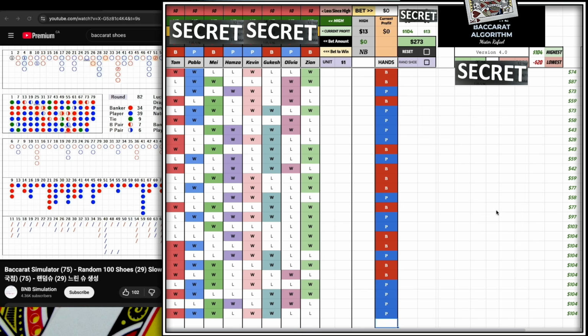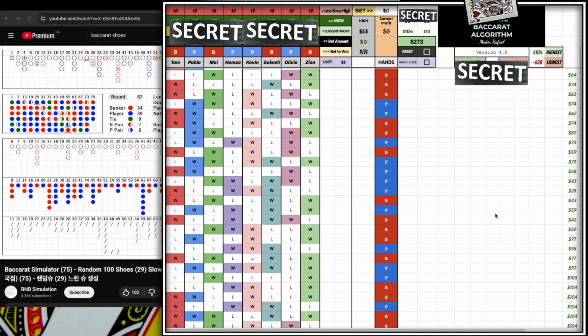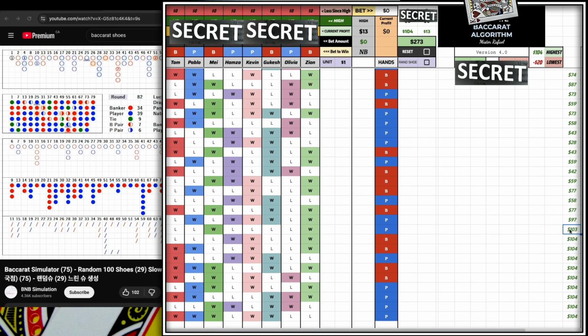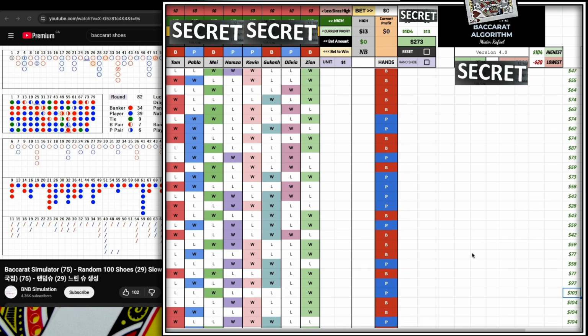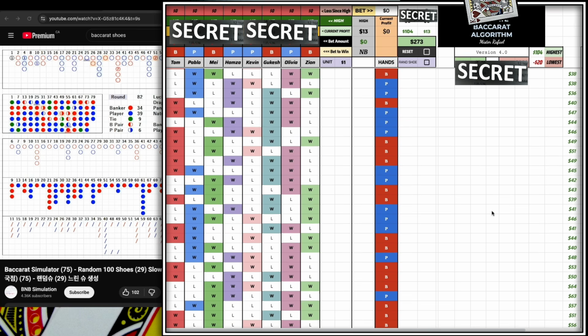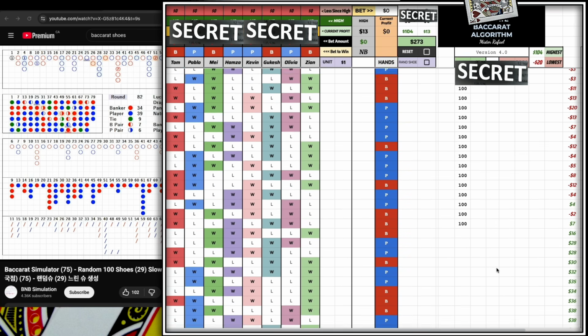And we've hit the win goal. Pretty nice session here. We hit the win goal right here, 103. Very nice. Biggest drawdown, only minus $20.